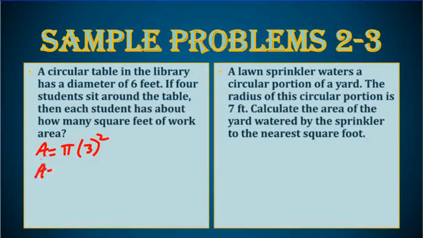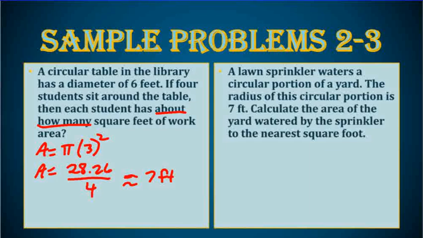So I have area equals 9 times 3.14, which gives us 28.26. And since there are 4 students around the table, I would divide that by 4. Since it says about how many, we have to estimate that. So 28 divided by 4 would give me roughly 7 square feet of work area.